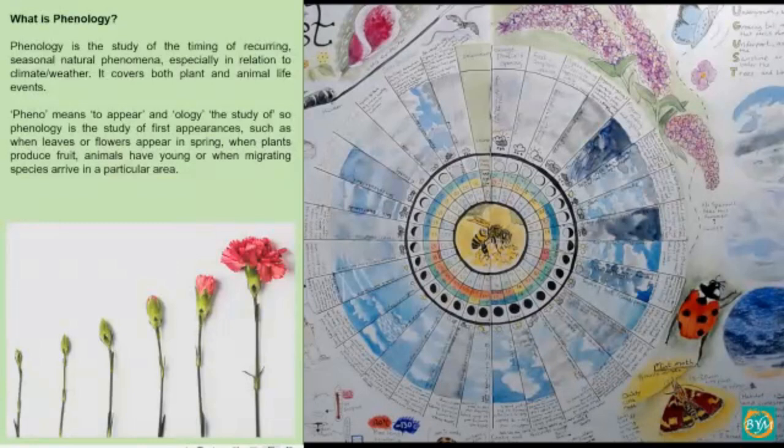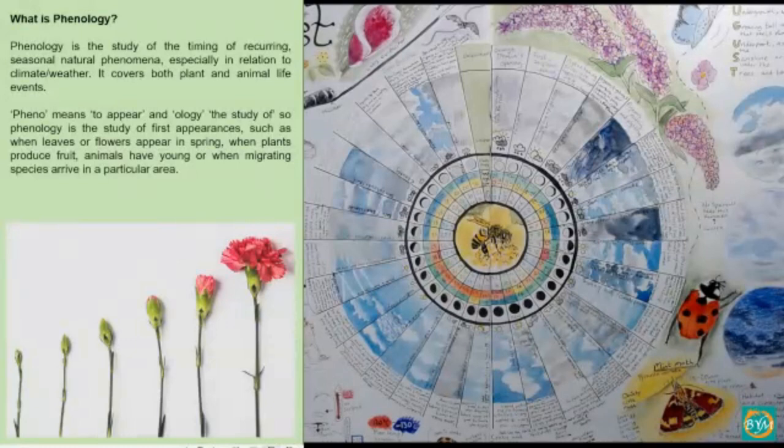So basically, pheno means to appear, and ology is the study of. So phenology is the study of first appearances. This can be things like when leaves or flowers first appear in spring, when plants produce fruit, when animals have young, or when migrating species arrive in a particular area.